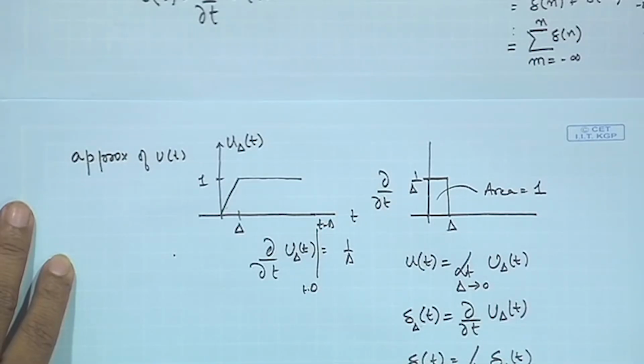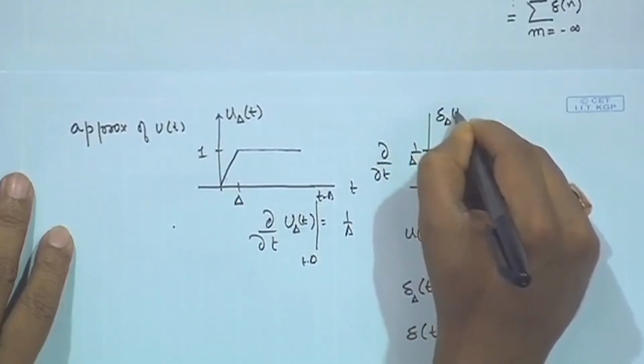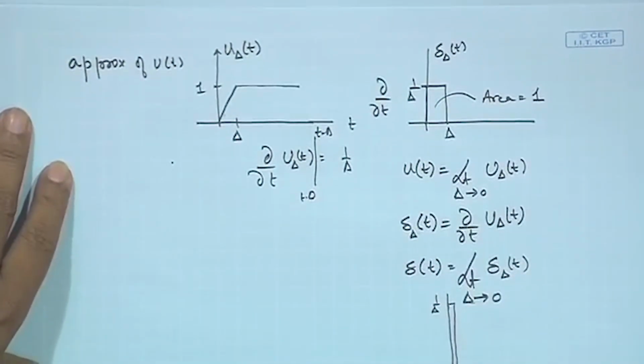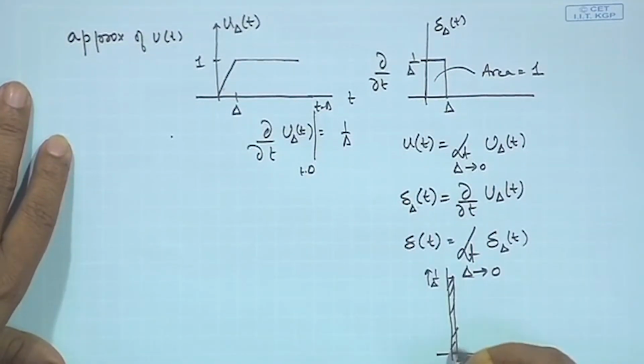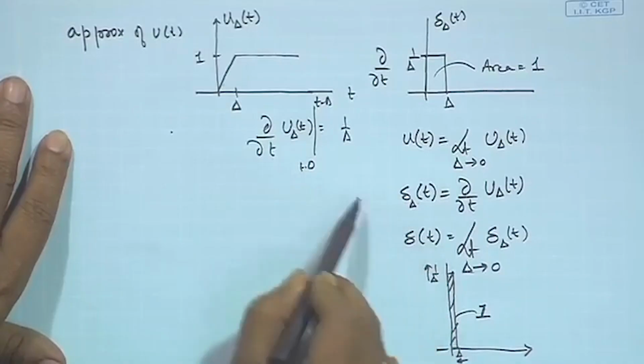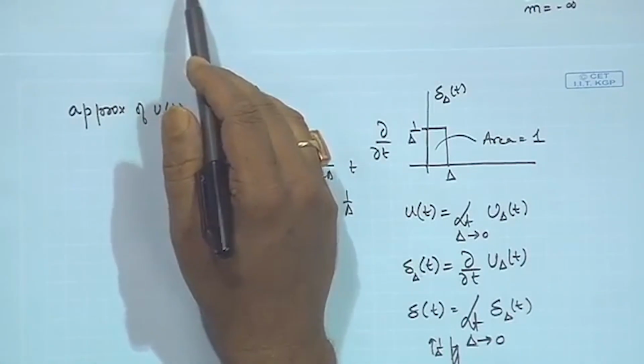So, this becomes very narrow, and the height becomes very high. As delta becomes small, this becomes higher, but the total area still remains the same value of 1, right. This way you could find the relationship between delta t and u t as well, right.